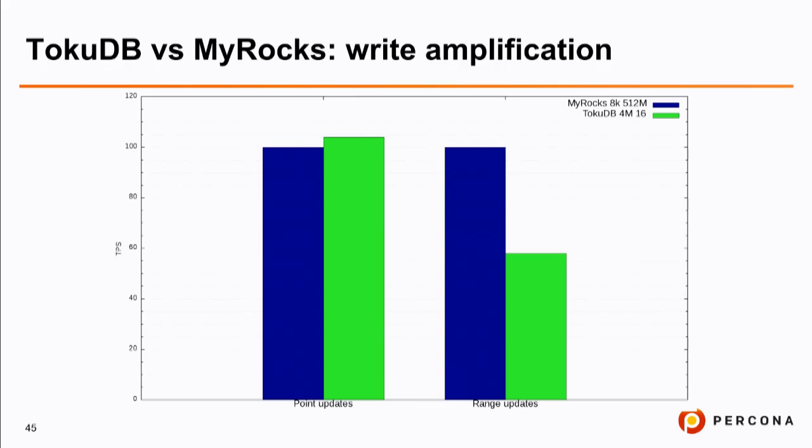For range updates, the only thing we need for TokuDB is just to push the corresponding messages to the buffer, and then these messages are pushed down to the child buffers. My suggestion is that the time for the benchmarking was too short to see the effect when all messages were pushed down to the leaves.